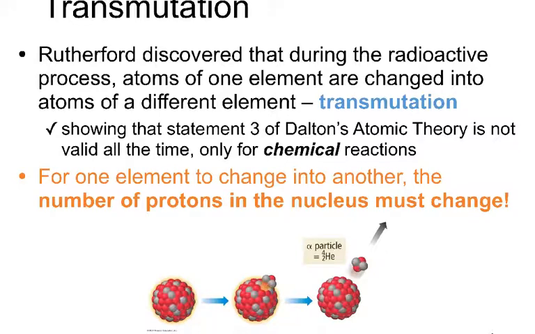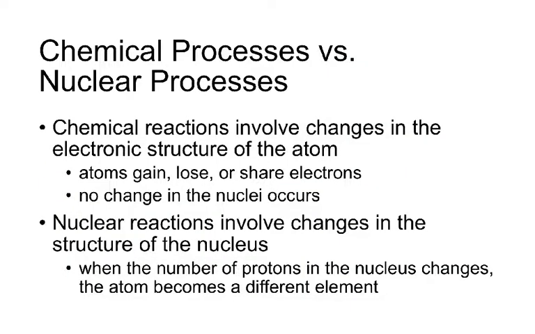So in order to change one element into another, you need to change the number of protons in the nucleus. This figure here is showing alpha decay, and that changes the number of protons in the nucleus. So we get a new element when a radioactive element undergoes alpha decay.